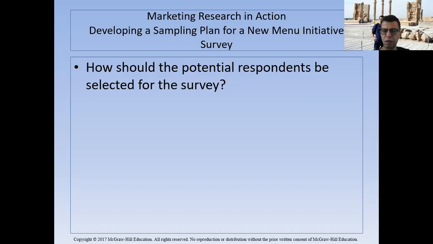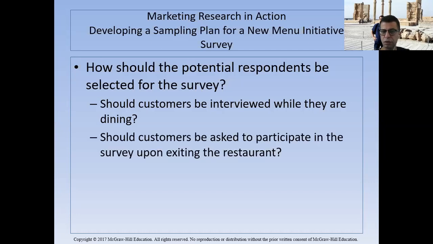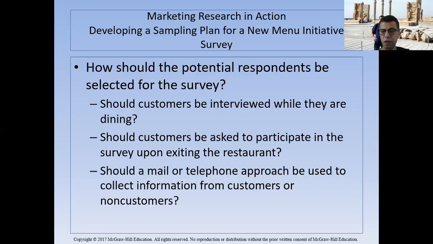Should the customer be interviewed while they are dining, or should the customer be asked to participate in a survey upon exiting the restaurant, or should a mail or telephone approach be used, collecting from customers and or non-customers? So here is how I would select the people I'm going to ask.